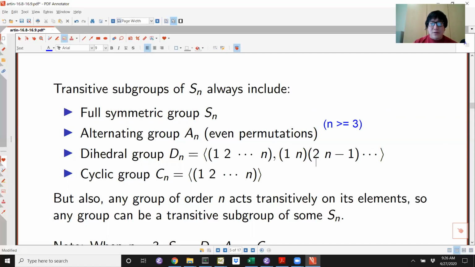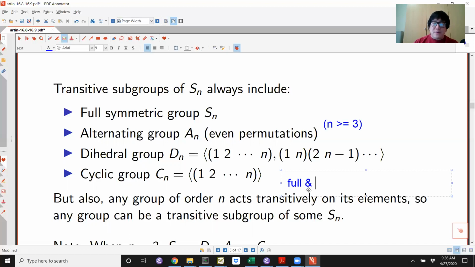There's also the dihedral group, which is transitive. And then we have a cyclic group, Cn, which sends 1 to 2 and so on, cycling around to n.